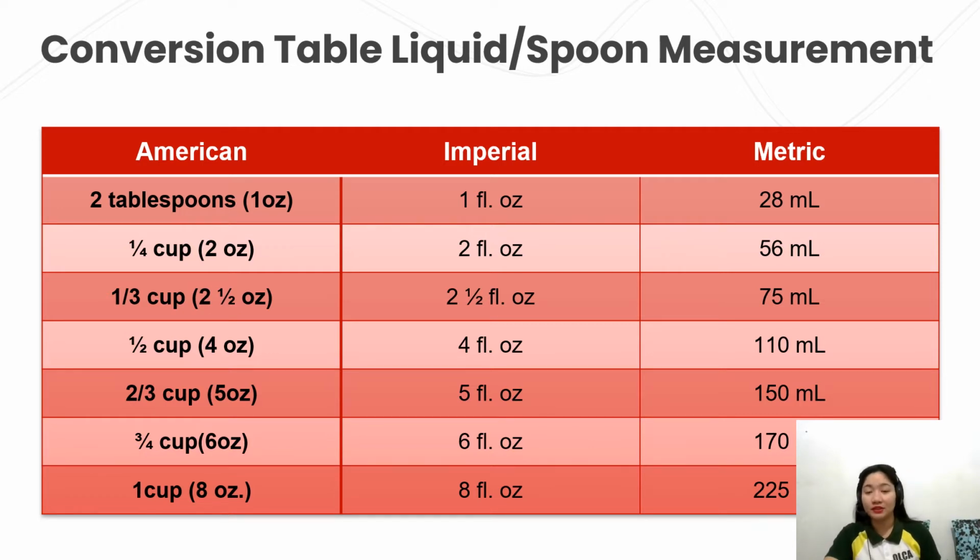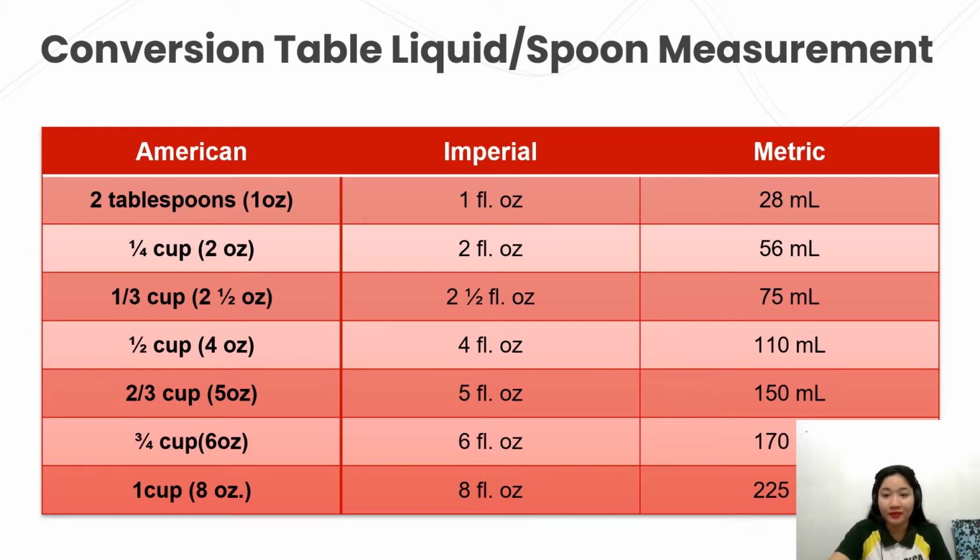And for the third column, we have the metric system of measurement. So 2 tablespoons or 1 ounce force, which is equivalent to 1 fluid ounce, is equivalent to 28 ml.